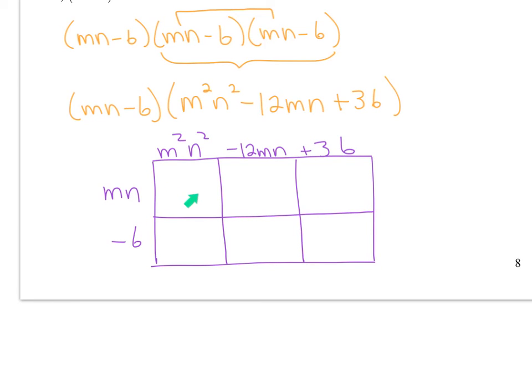So here in the first box, you're multiplying mn times m squared n squared. You add exponents when you multiply, so you have an m and an m squared, so that'll be m cubed, and an n and an n squared, which is an n cubed.